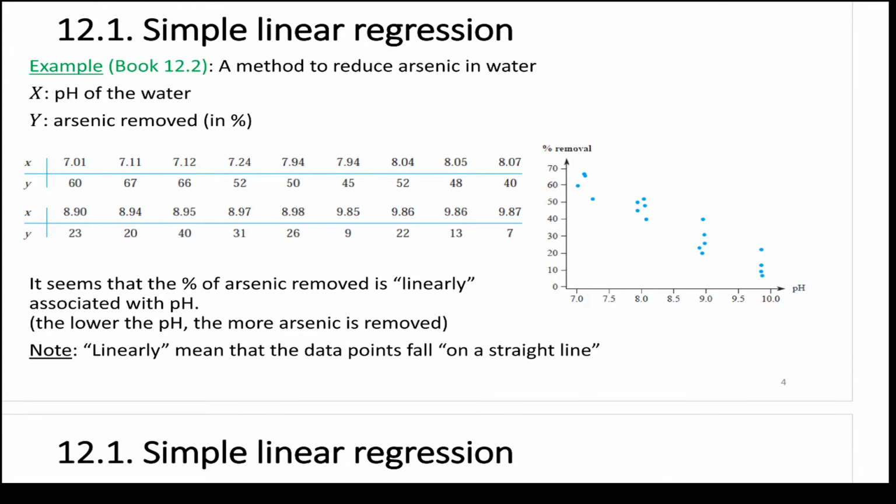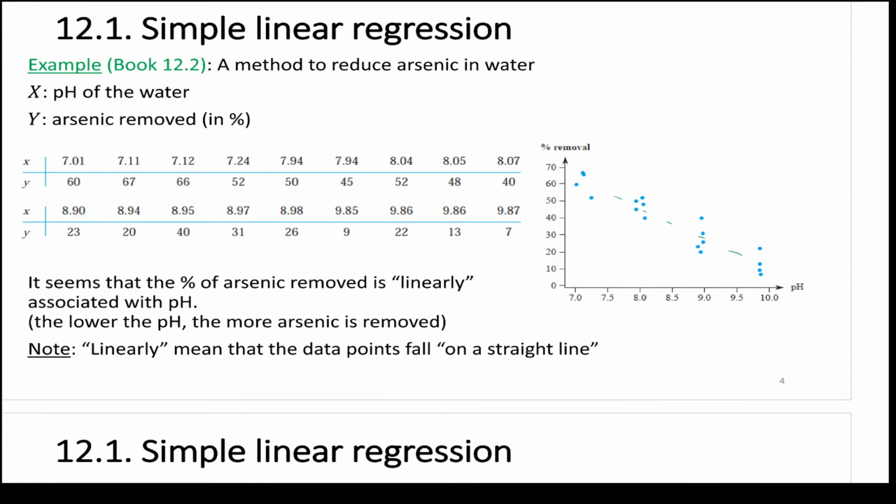As the pH goes up, the percent of arsenic removed goes down, to about 10% or less as the pH approaches 10. So it looks like there's a nice linear relationship there as well. It's just a negative, decreasing linear relationship.